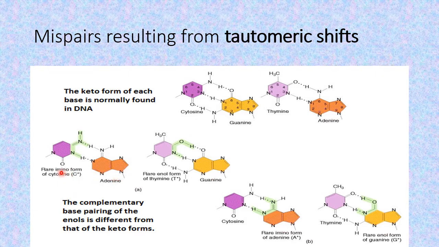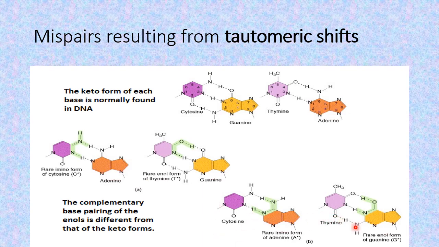For example, if cytosine undergoes tautomeric shift, instead of pairing with guanine, it will start pairing with adenine. Similarly, the enol form of thymine will pair with guanine, or the enol form of adenine, instead of pairing with thymine, it will start pairing with cytosine.